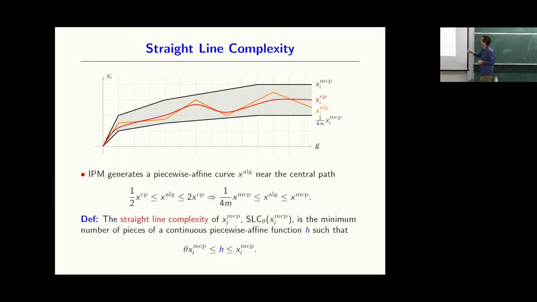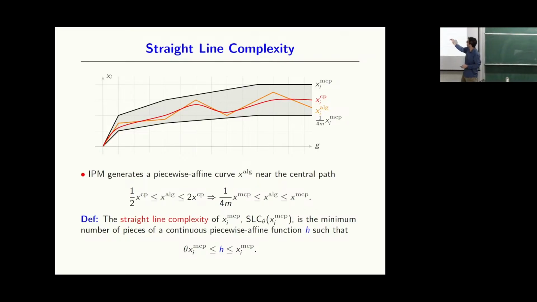Now we know that the central path is very well sandwiched by the max central path. So the algorithm also, in essence, approximates the max central path via a piecewise linear curve. So now you can ask: if I give you an approximation factor, here 1 over 4m, how many pieces of a piecewise linear function do I need to get a gamma approximation of the entire max central path?